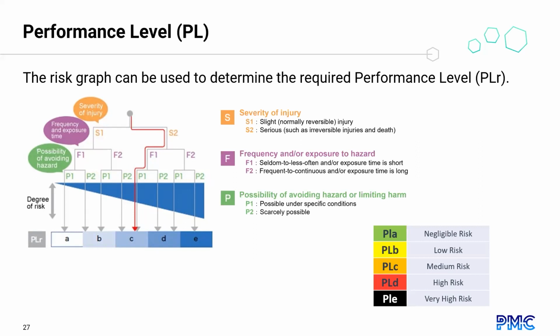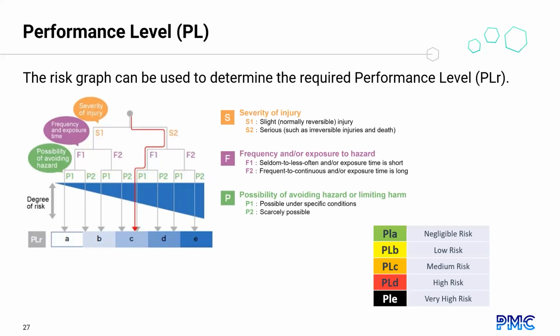For frequency, we have levels F1 and F2. Frequency F1 would be a low exposure time. That is, the operator is exposed to the hazard annually, monthly, or weekly. For F2, the exposure time is more frequent and continuous.